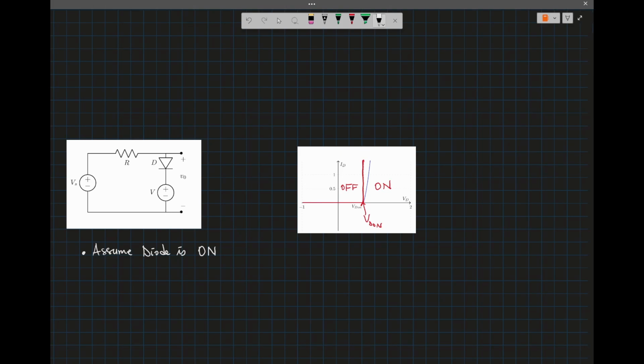So when we assume that the diode is on, with the input voltage that I call VI here, we can write a KVL equation and use that to find the condition on VI under which the diode turns on.